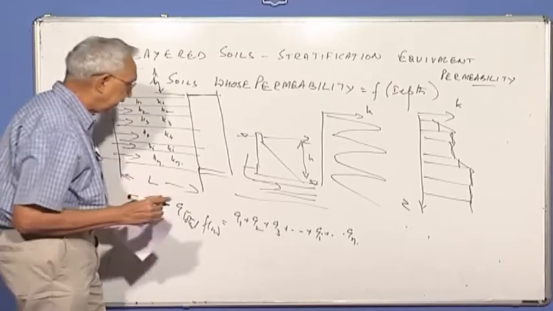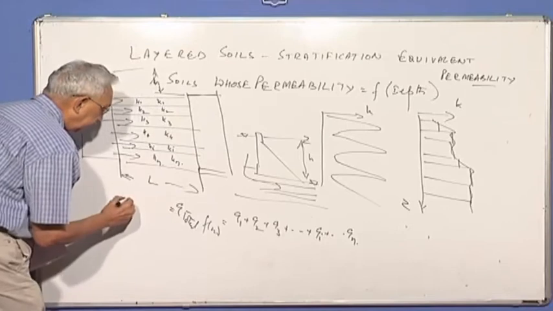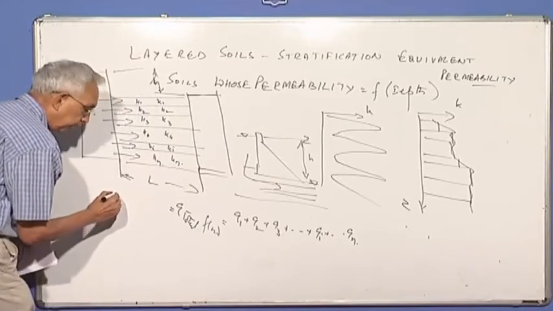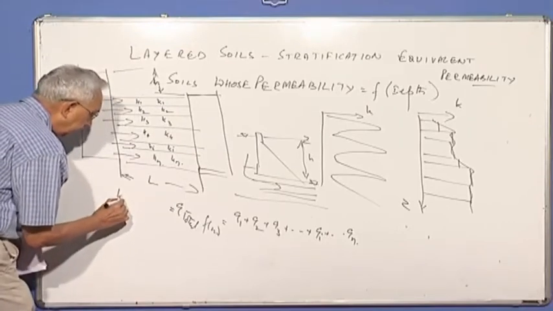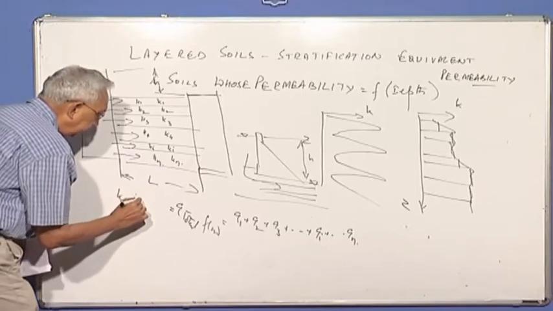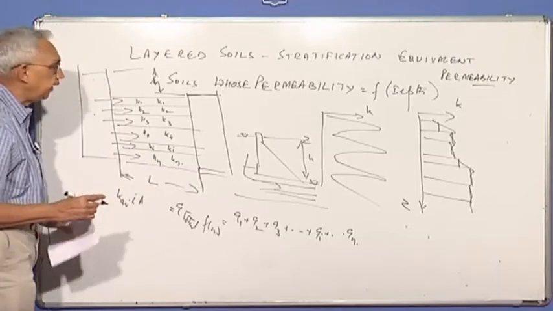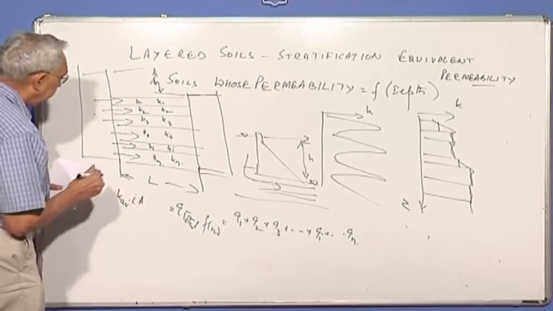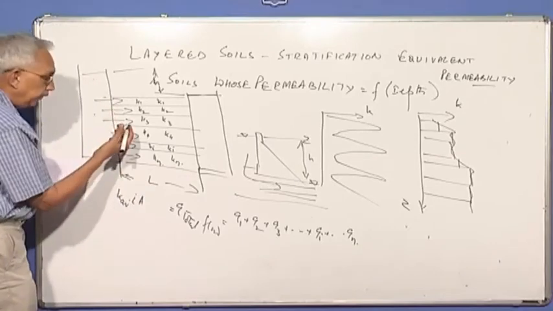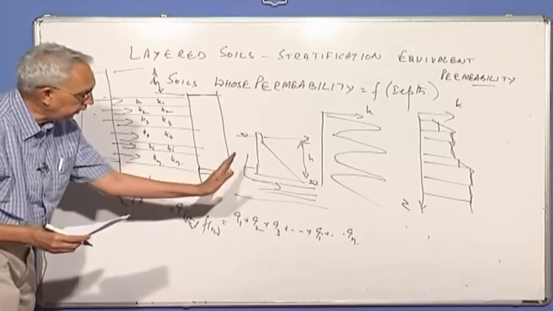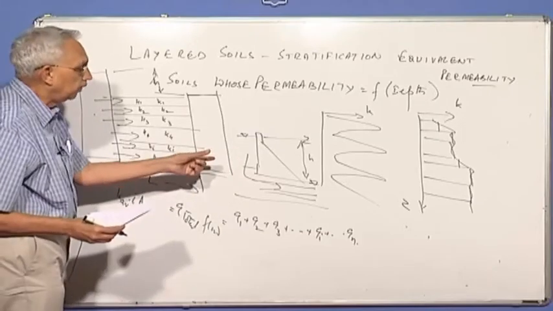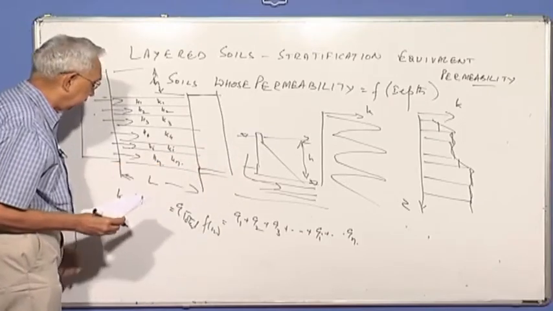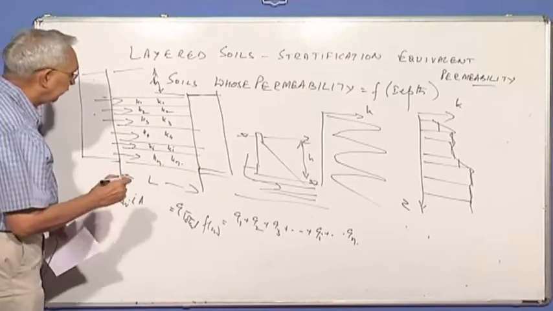So can I write the total flow as equal to K average i into area. Area is the total thickness here into unit distance, because the dam is going to be very, very long. So I take 1 meter perpendicular to the board. So here, what will be the total thickness?